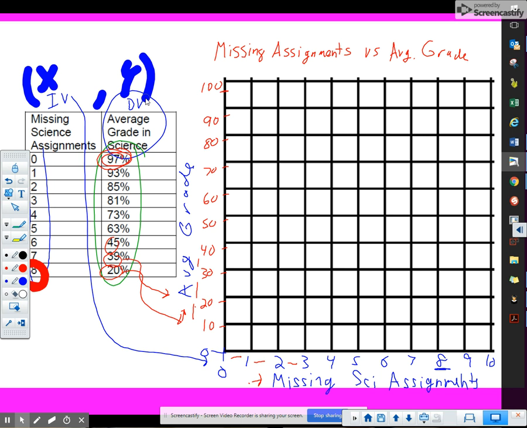So I have 0 and 97, and I'm going to put a dot there.